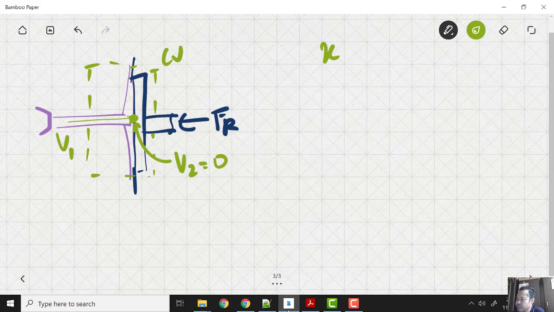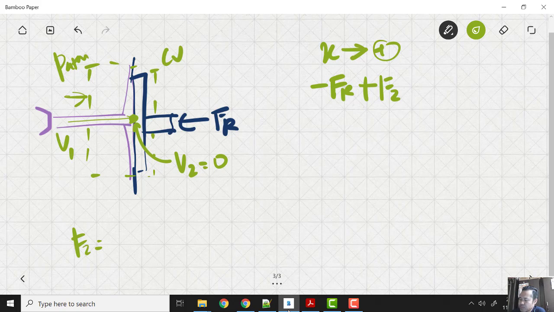So let's consider the x direction, moving to the right, as positive. We have FR moving to the left, so it's negative FR. Do we have another force? Since the water is diffused to the atmosphere, we consider PATM equal to 0.